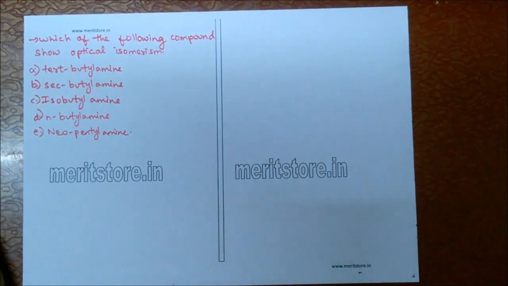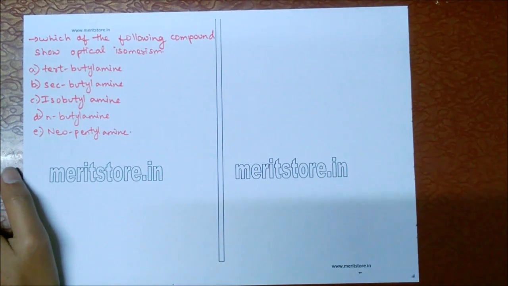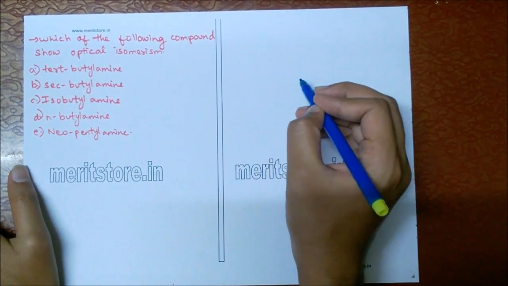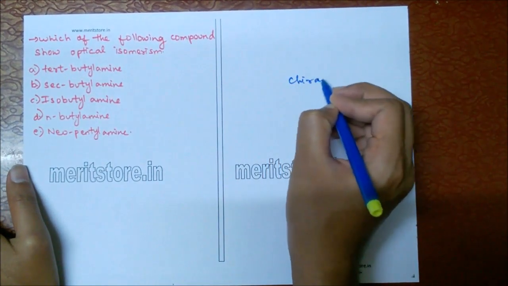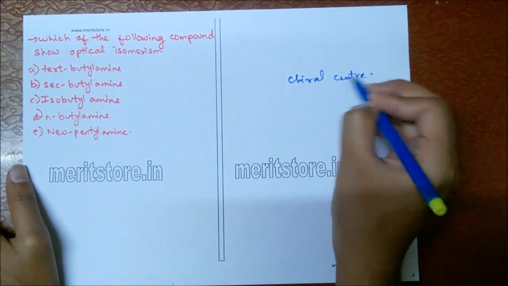Which of the following compounds show optical isomerism? A tertiary butyl amine, B secondary butyl amine, C isobutyl amine, D n-butyl amine, E neopentyl amine. To exhibit optical isomerism, the compound must have a chiral center in which all the atoms attached are different.